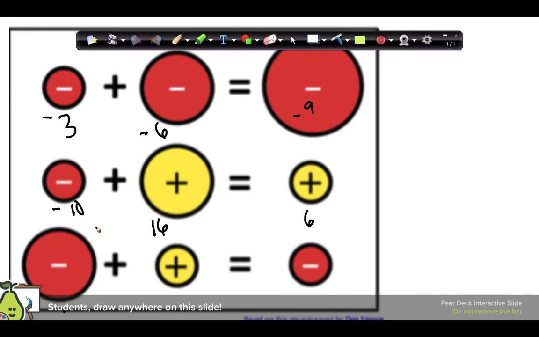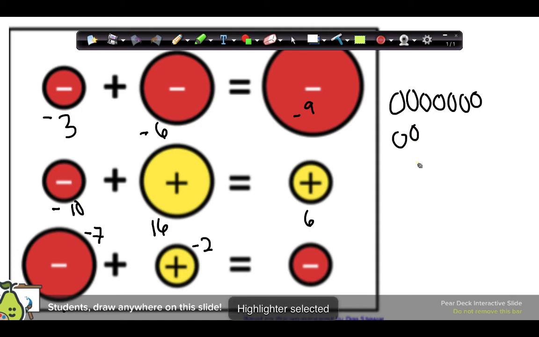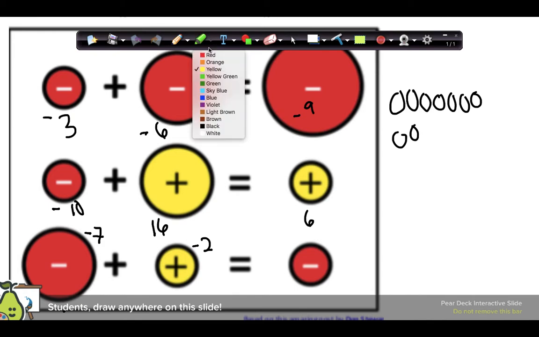And I'll do one more and I'll draw a picture of it. If we had negative 7 combined with this 2, so I've got 7 negatives.